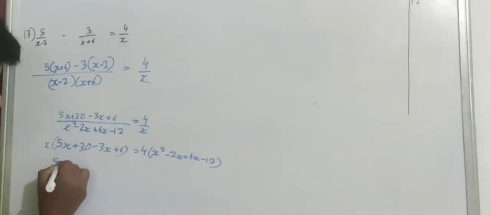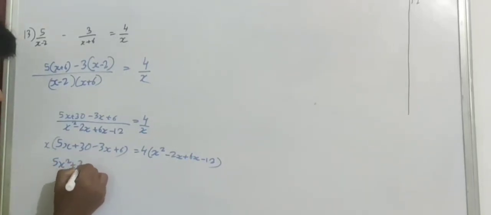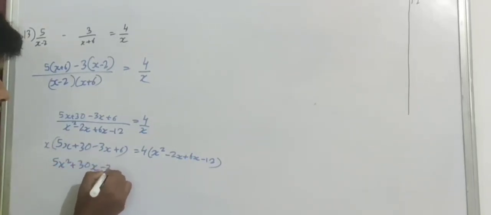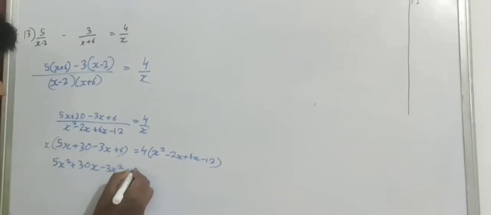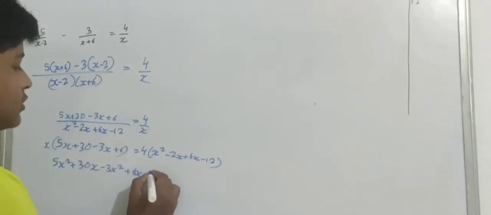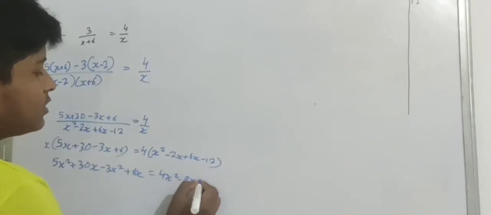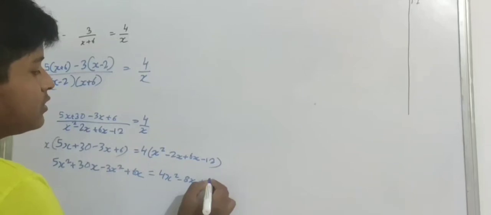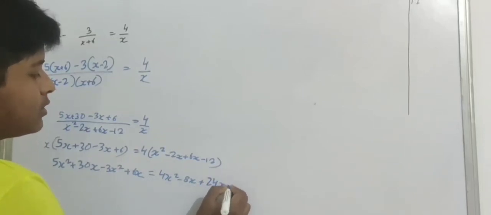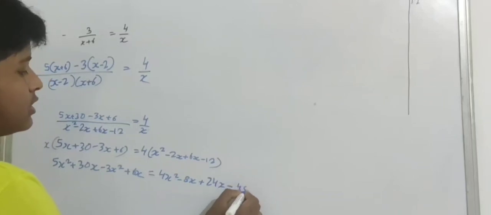It will be 5x square plus 30x minus 3x square plus 6x. So x with every term is equals to 4x square minus 8x plus 24x minus 48.